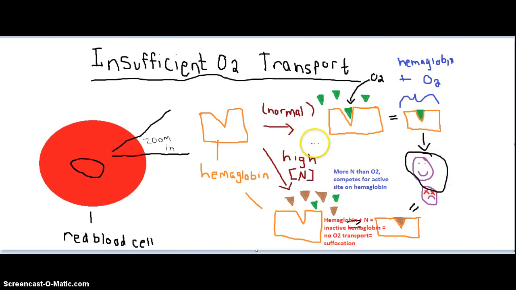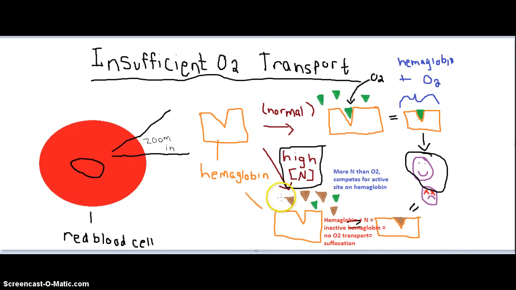Okay? But let's talk about the case of high nitrogen concentration. Here's our hemoglobin again, and we see that there's lots of tiny little nitrogen, or nitrate or nitrite, in the system here, and it's overpowering the oxygen.